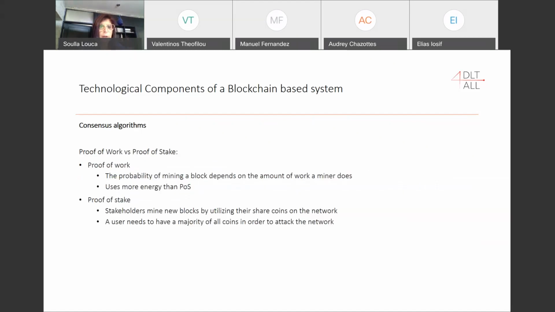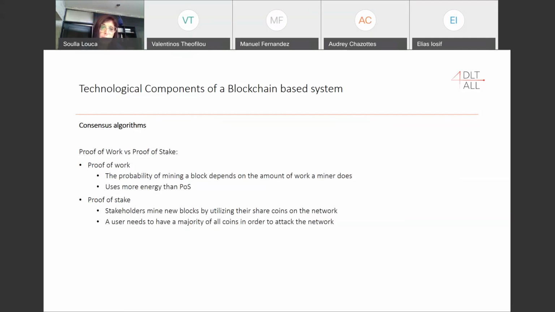Differences between the two. In terms of the proof of work, the probability of mining a block depends on the amount of work the miner does, and it consumes much more energy than the proof of stake.